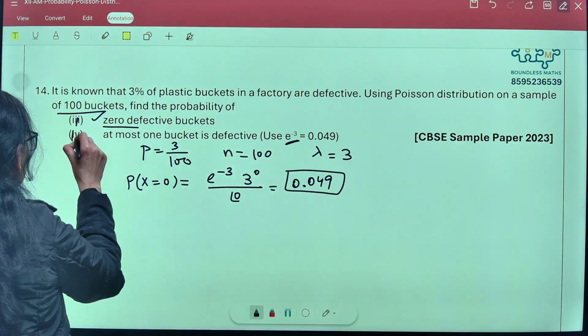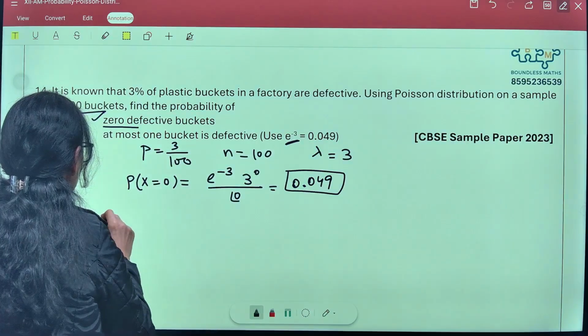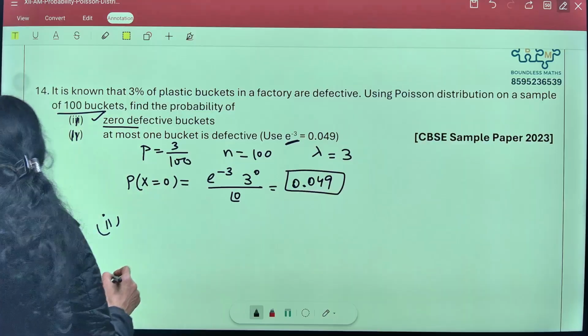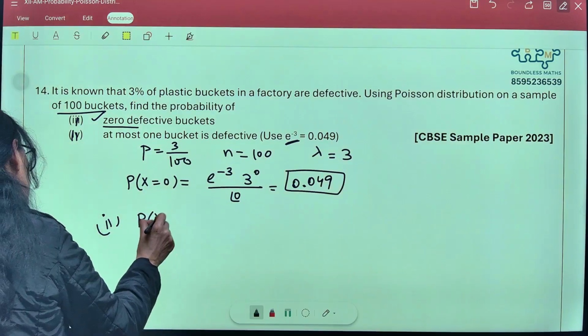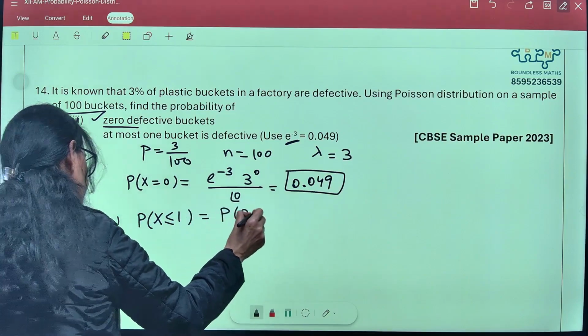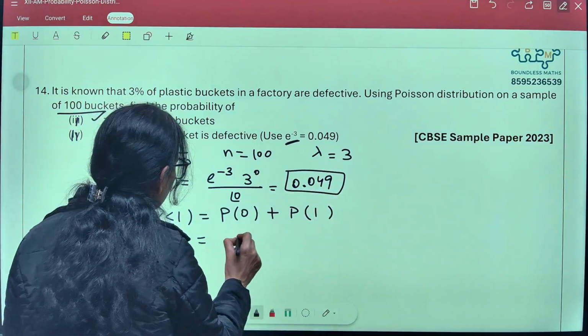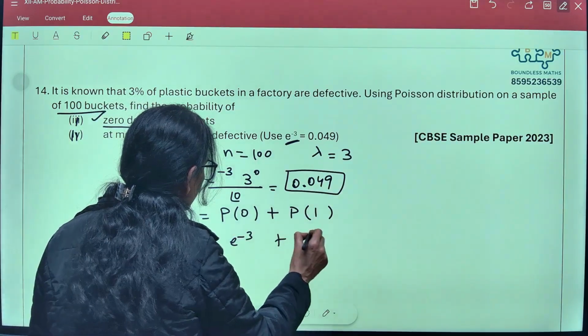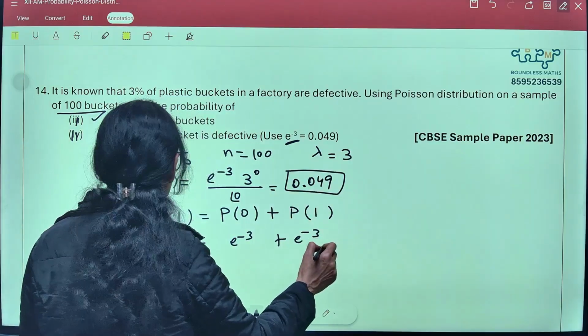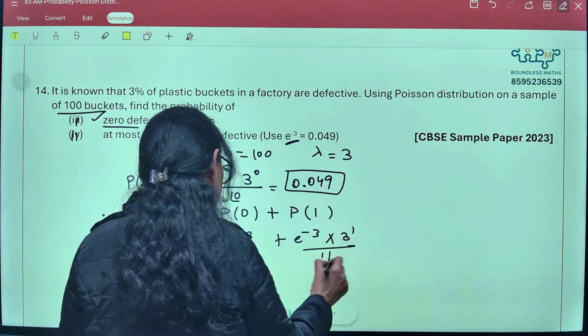Next one is at most one bucket is defective. For the second part, you need to find at most one. At most one means probability of x being less than or equal to 1. So this is probability of 0 plus probability of 1. So let's put the formula. This is e raised to power minus 3, plus e raised to power minus 3 into 3 to the power 1 upon 1 factorial.